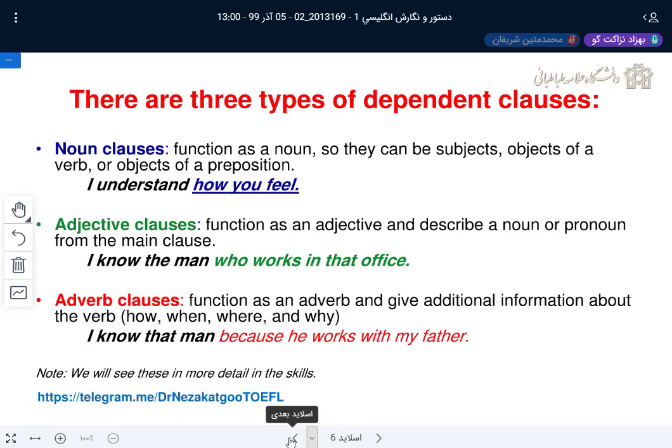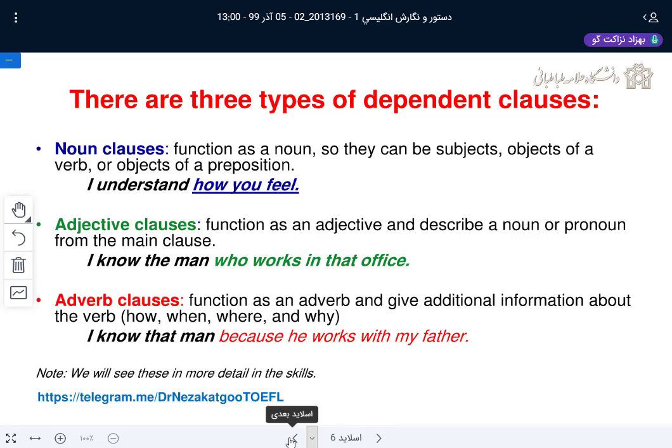A noun clause can be the subject of the sentence, it can be the object. If it's the object, it can be the object of the verb, or the object of the preposition. So any place we have a noun, we can embed a noun clause. It stands as a noun or as the third person singular pronoun it.